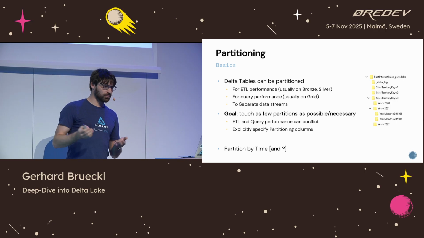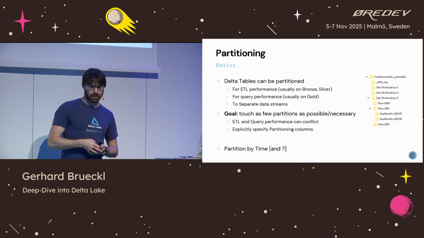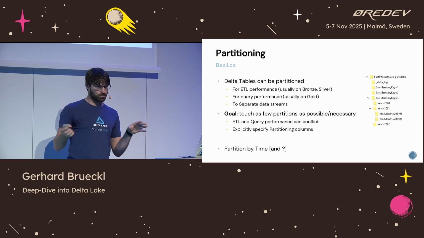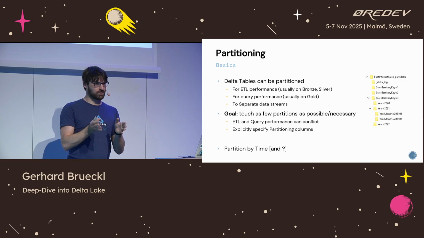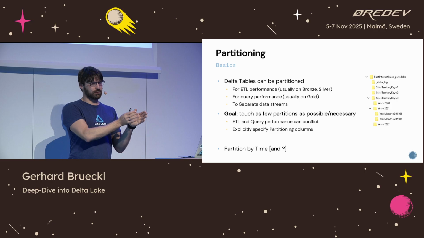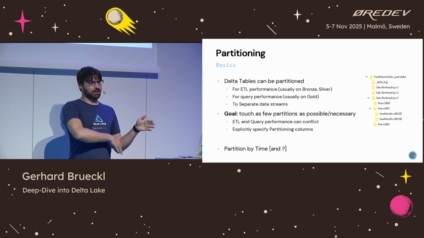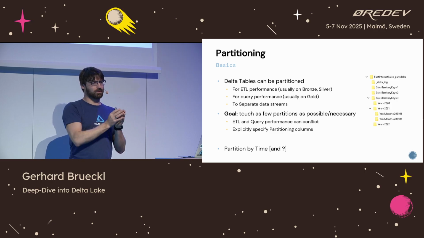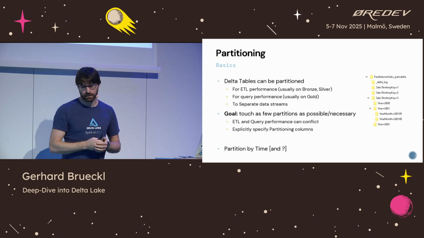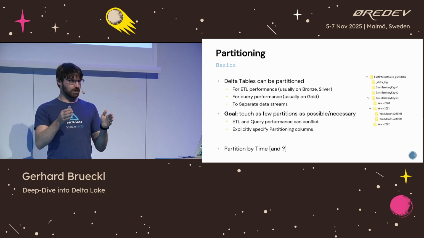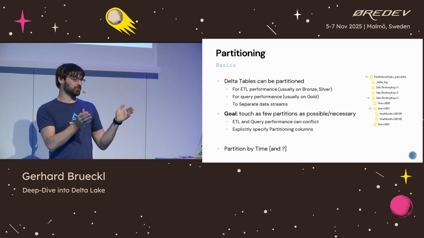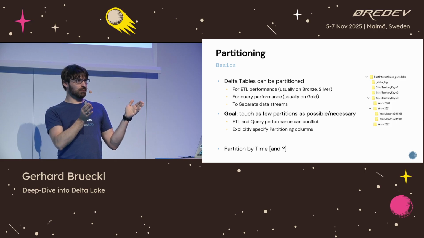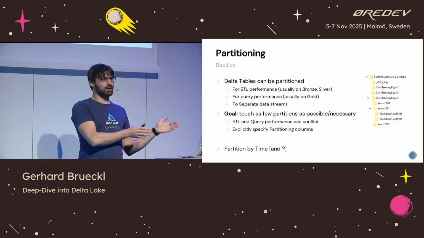What I also like to do is, we often build lakehouses where we have data from different sources going into the same target. We partition the target table based on the input streams, so that we can load them individually and make sure that there is no conflict between the different transactions, because partitions are also a boundary where concurrency issues can happen.